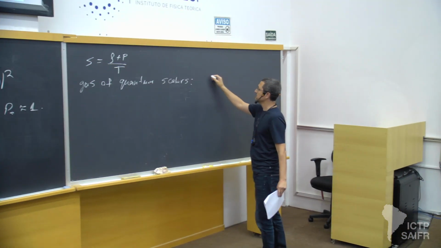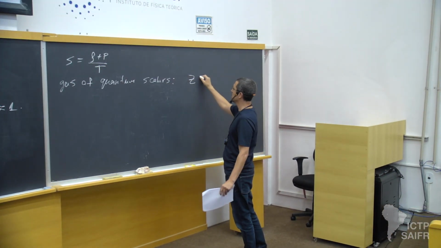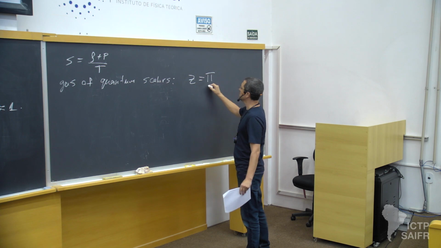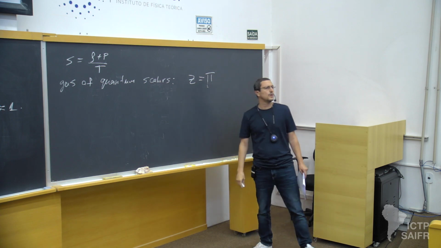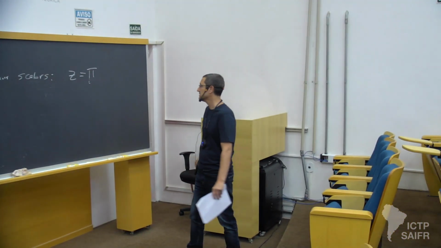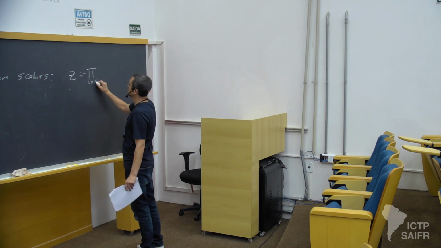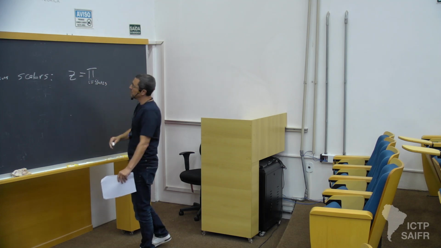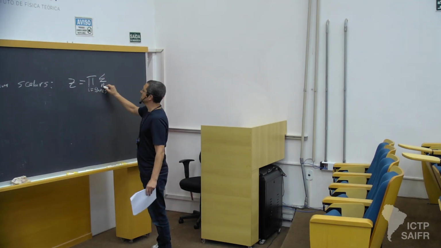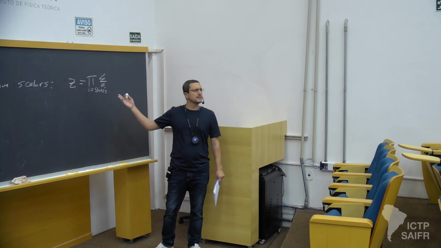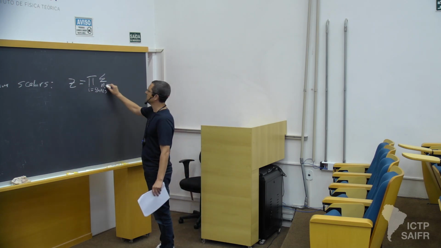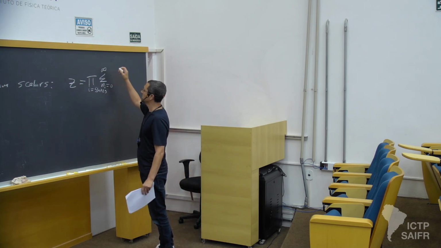Then this system has a partition function, Z, which is the product on all microstates, all energy states for particles in this gas. Because these are bosons, for each of them, there can be an arbitrary number of particles in each state. So you count the particles from 0 to infinity.